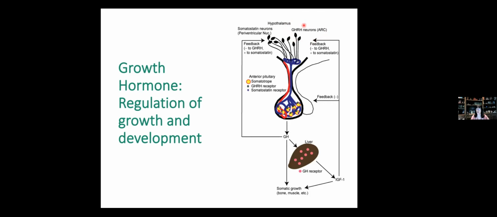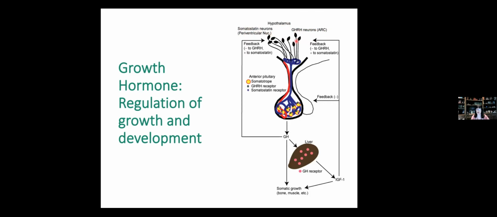These are the GHRH, growth hormone releasing hormone neurons. And it has another set of neurons in the periventricular nucleus called somatostatin. And these guys inhibit growth hormone. So it's got 2 groups of neurons regulating it.